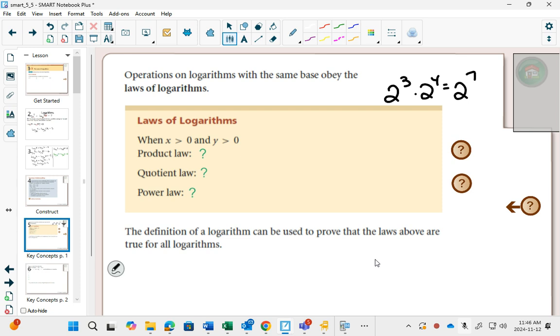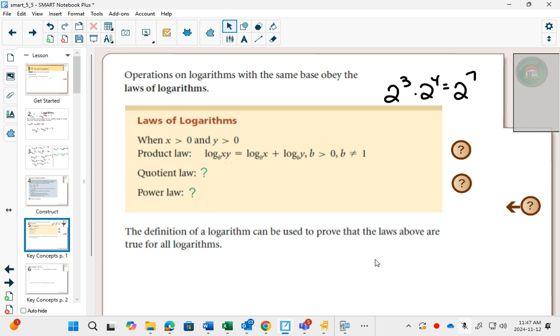You added them. So multiplying powers with the same base added the exponents. There is a similar log law. In logarithms, if you are multiplying inside of a logarithm, it is the same as adding the logarithms.